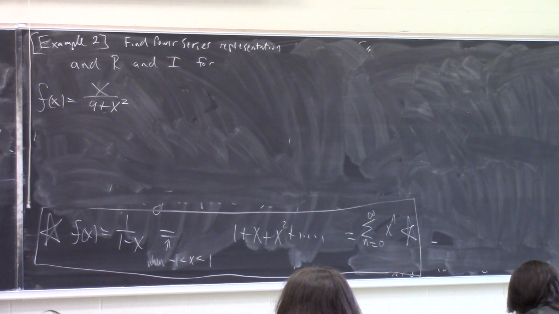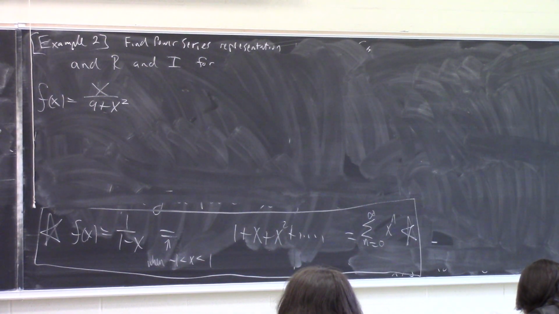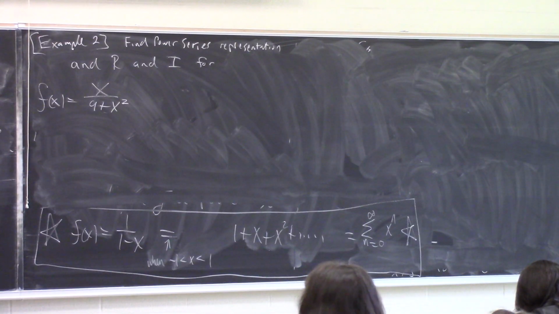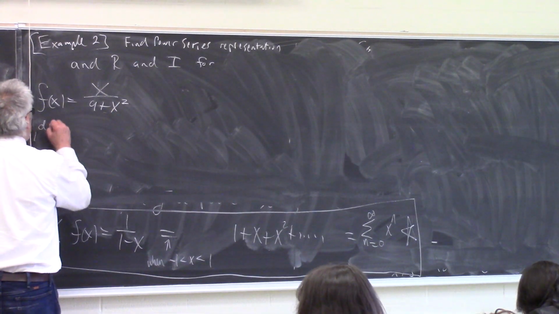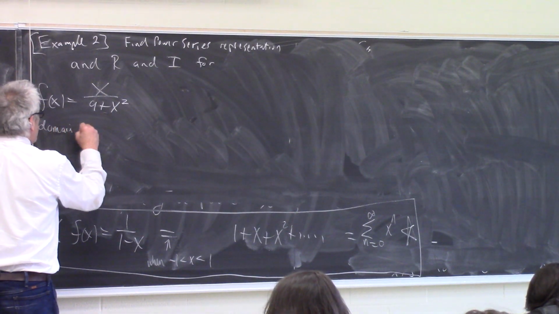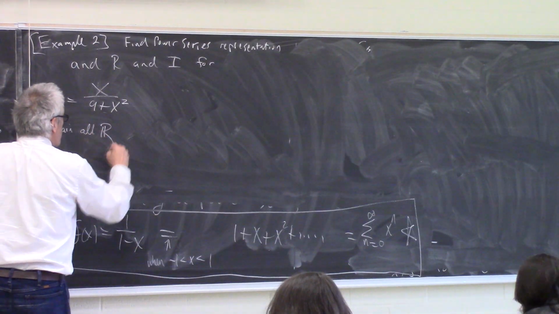All right, somebody who has not answered anything today. What's the domain of the function I'm starting with? Annika. All real numbers? Yeah, the domain of f is all real numbers because the denominator will never be 0.